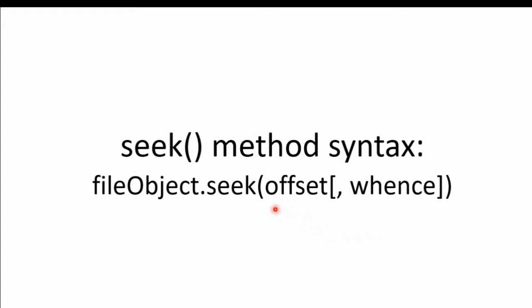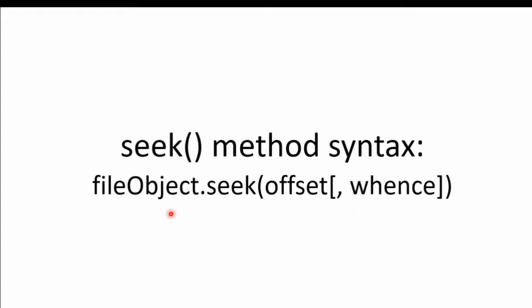The first one is the offset. This will give the position of the read and write pointer within the file. And the second parameter is the whence, or the from. This one is optional and the default value is 0.